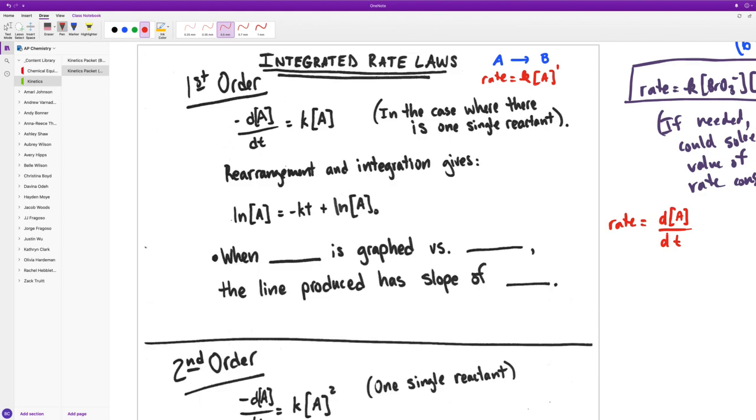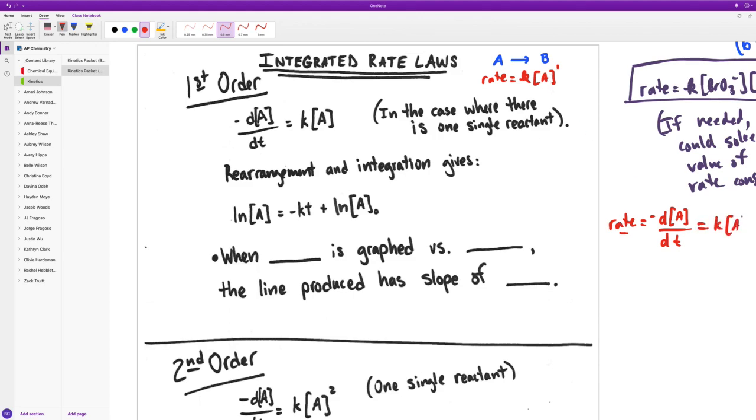And since this is a reactant whose concentration is dropping, that would be like a negative rate, and in chemical kinetics we always talk about positive rates rather than negative rates, so we put a negative sign out here. So for a first order reaction, the rate is written out this way. And we would say that is equal to Ka.